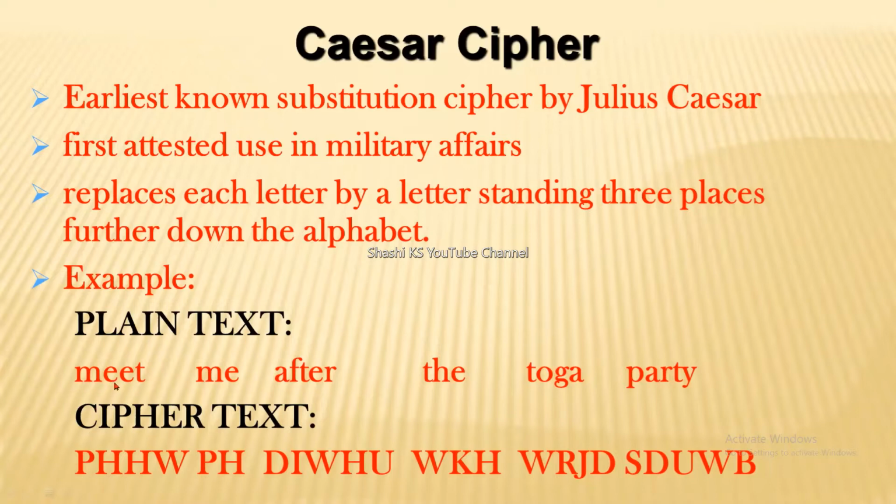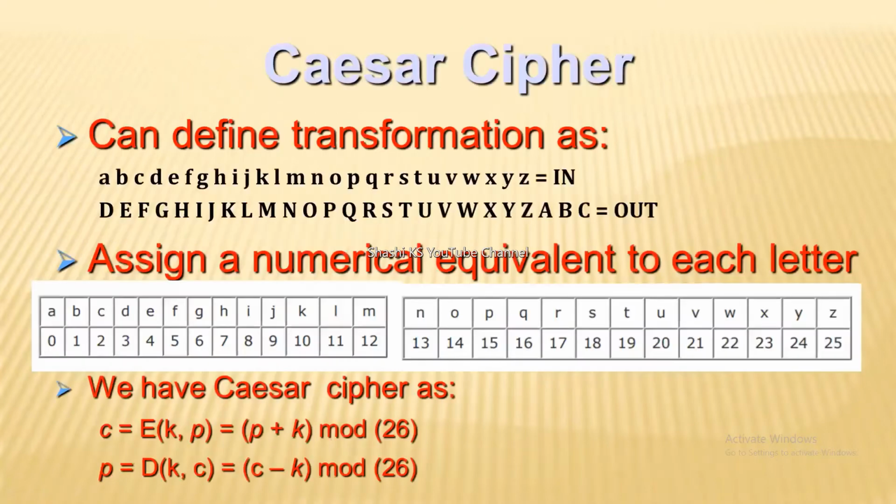E will be associated with F, G, H. So three places further down the alphabet from E, you would have H. So E would be associated with H. In the case of T, U, V, W. Three places further down the alphabet from T, you have W. So T would be associated with W in the ciphertext. This is how it proceeds on and on. Each letter is replaced by another letter three places further down the alphabet, and that is called Caesar cipher.